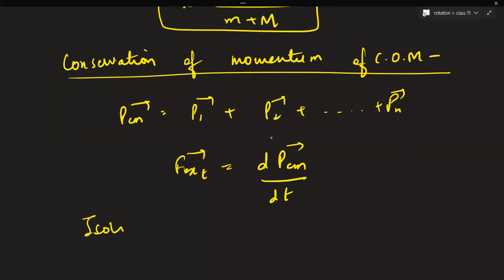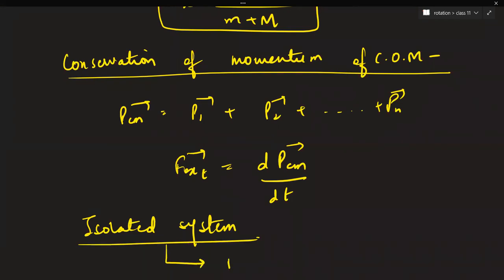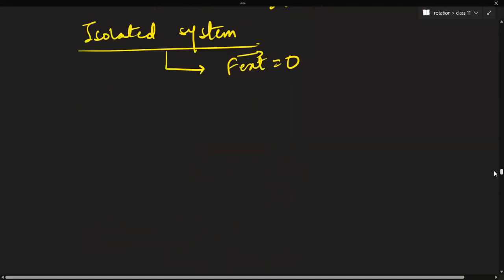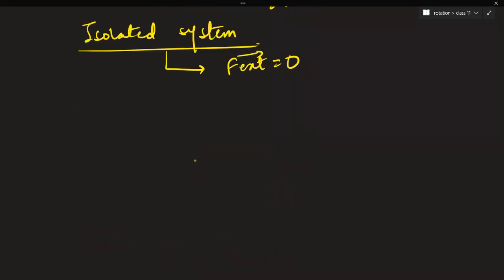Always remember, for an isolated system, this means external force is zero. Isolated system means no other force is acting. Like man and plank we are talking about, so it is man and plank only, no other force is acting. It means the rate of change of momentum will be zero.